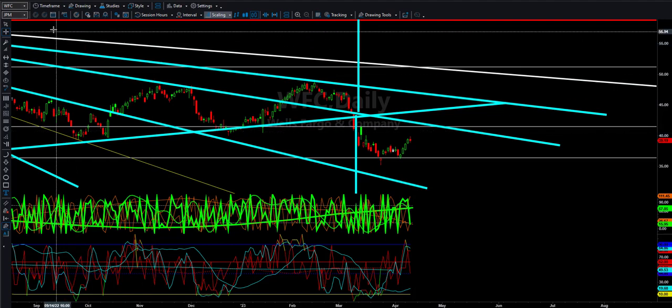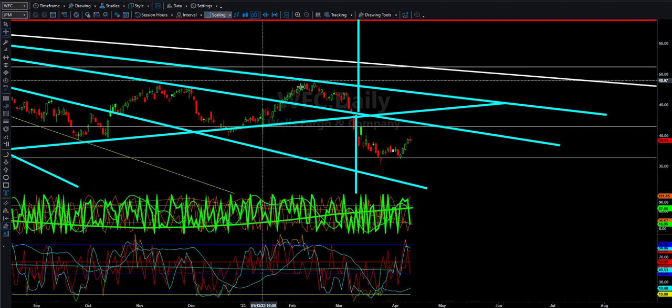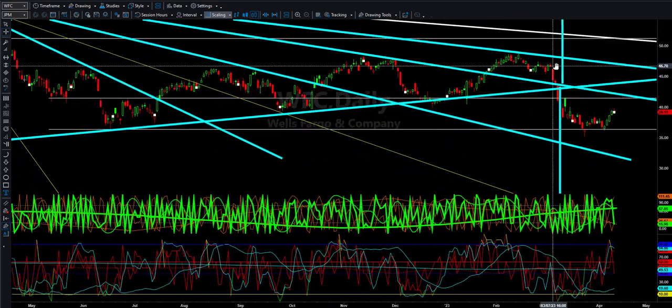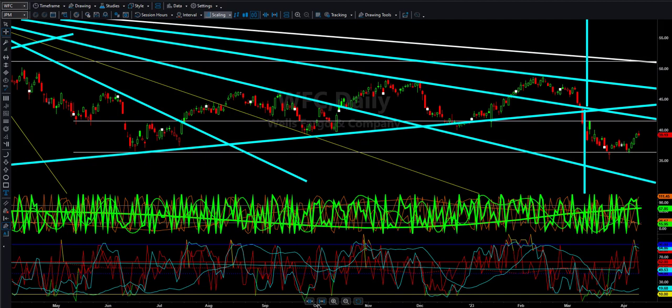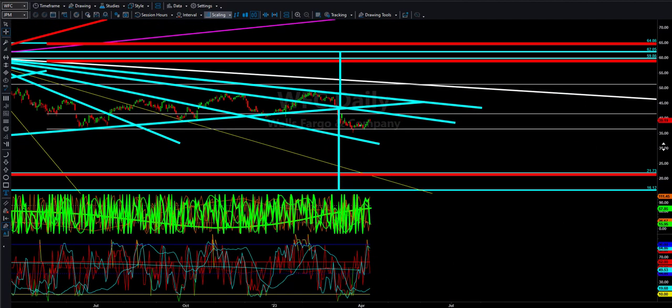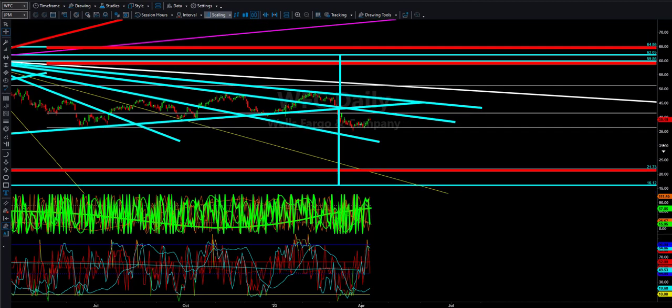This is the Wells Fargo daily chart, WFC, right here, and we have come up with the market maker levels on the upside.